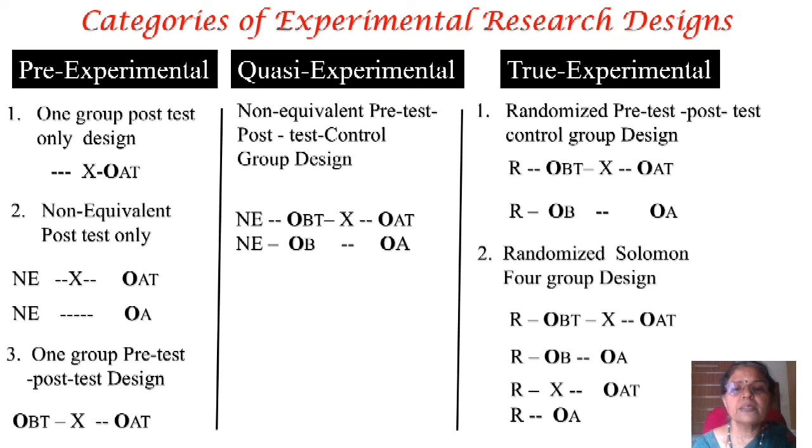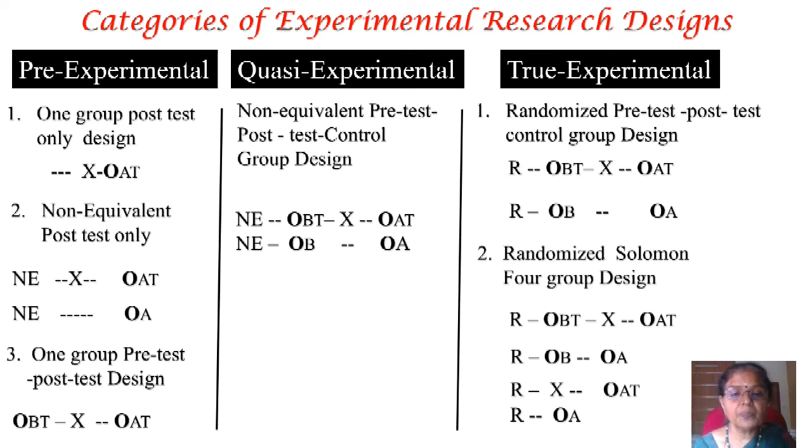And in some designs, the randomization will not be there and no pre-test, but two groups are there. In the second example given in the pre-experimental design, you see the second one where it says non-equivalent post-test only, and here two groups are there, NE, NE, non-equivalent groups, no randomization, that is why they are non-equivalent.